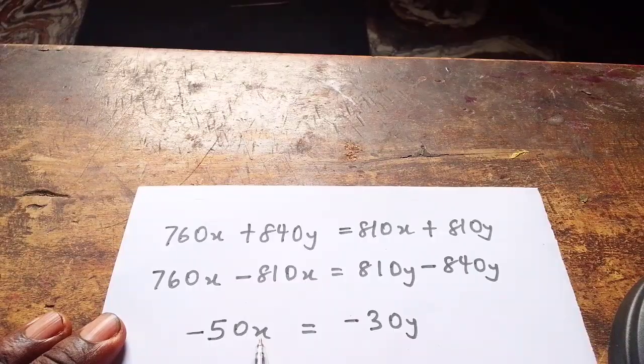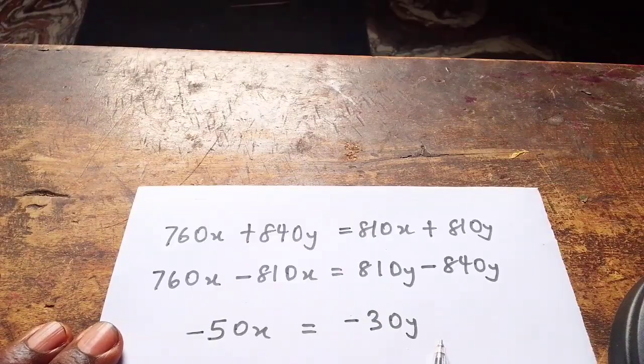We want to know the ratio in which you will mix this, the one for X and the one for Y, such that the cost price will be reduced to 810 naira. So now we are going to bring this Y to this side. You know this Y is multiplying here. When you bring it here, it will now be over Y. It will be X over Y.